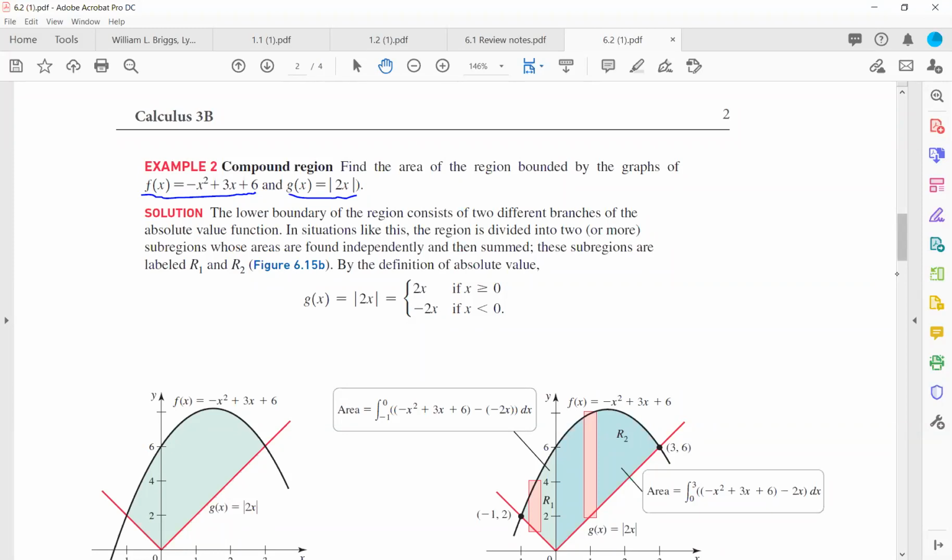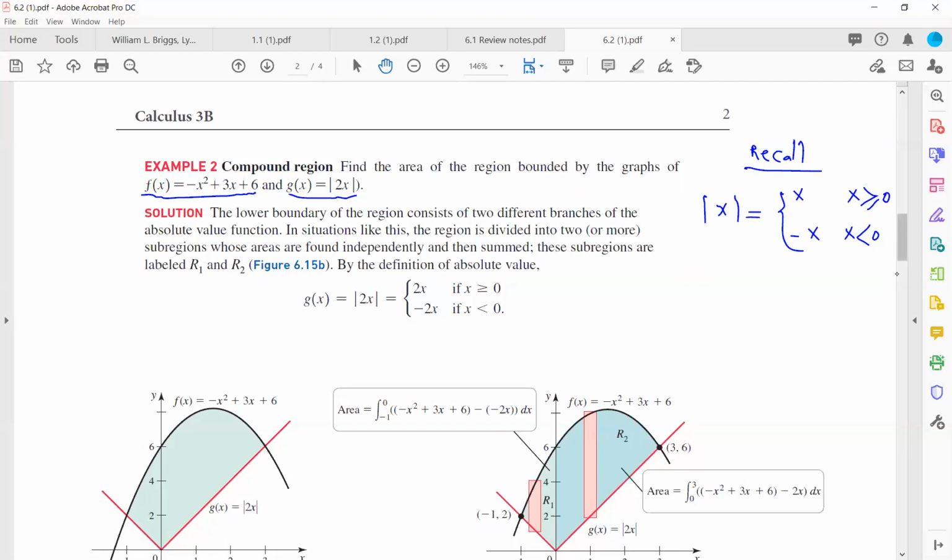The second function is absolute value of 2x. Recall that absolute value of x is equal to x if x is greater than or equal to 0, and minus x if x is less than 0. This is the general definition of absolute value function, which is the distance from x to the origin.